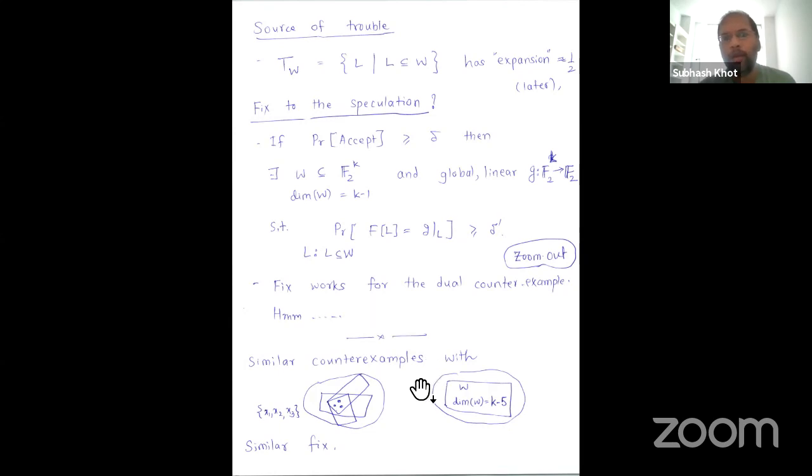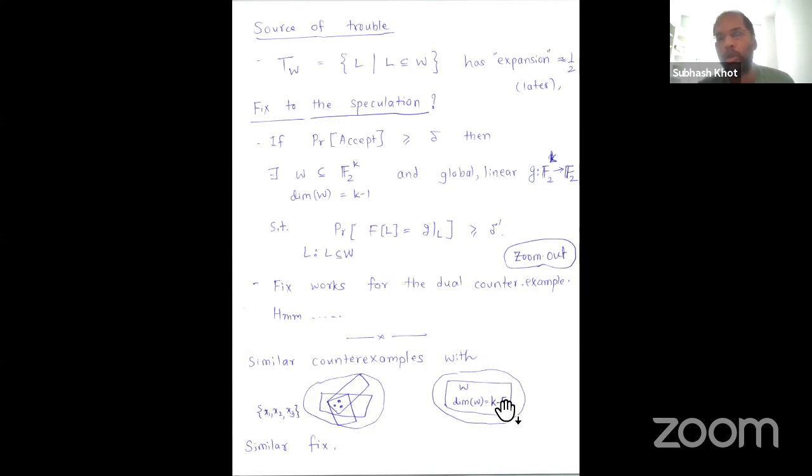Now you can see rather easily that we gave two types of counterexamples. First of all, you can extend these counterexamples a little bit. For example, instead of using sets which consist of spaces containing a single point x, you can extend these to sets which contain 3 points x1, x2, x3, or in this manner some small constant number of points.